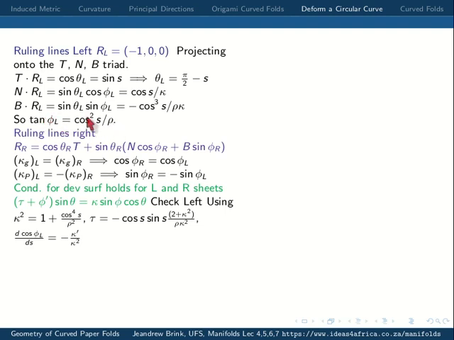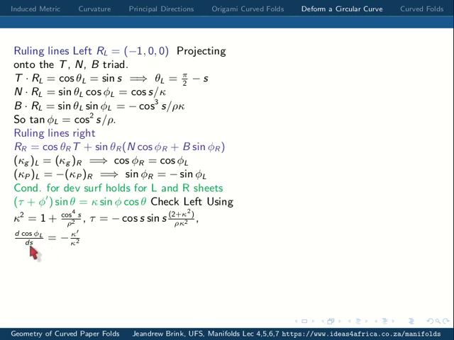If you differentiate tan, you may not always know what sine of phi L is nicely. It might not have a nice expression. But if you take this ratio, you're always going to get tan of phi L. So you can differentiate it with respect to the arc length parameter, and you're going to get an expression for phi prime of L.